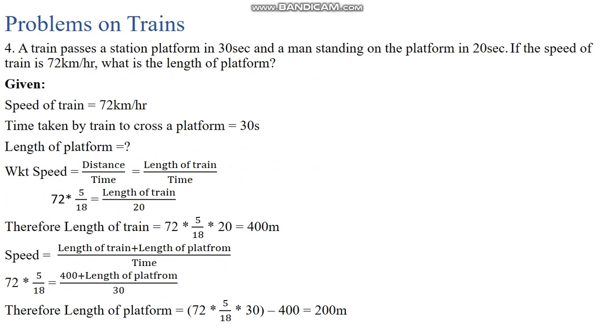Let us consider case number 1 in order to find out the length of the platform. We know the general expression speed is equal to distance by time. They have given the speed of the train, which is 72 kilometers per hour. Let us convert that into meters per second, because distance will always be expressed in meters.